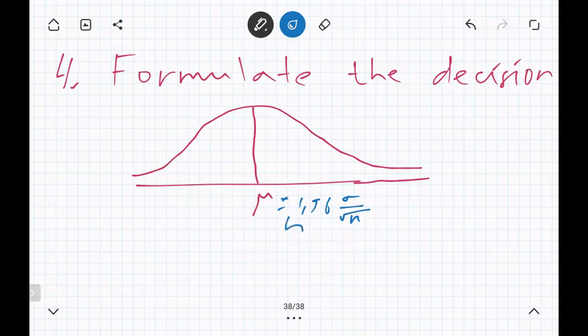What is this 1.96? It's a value of Z for 95% confidence interval, or the value of Z for 5% significance. So let me write it like this.